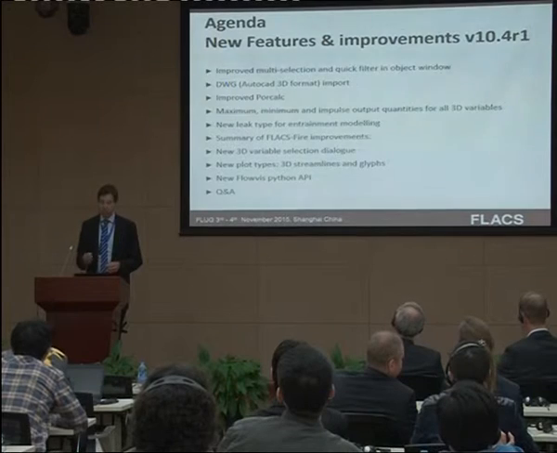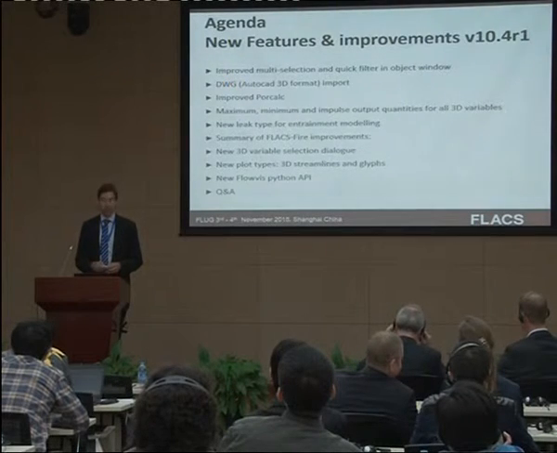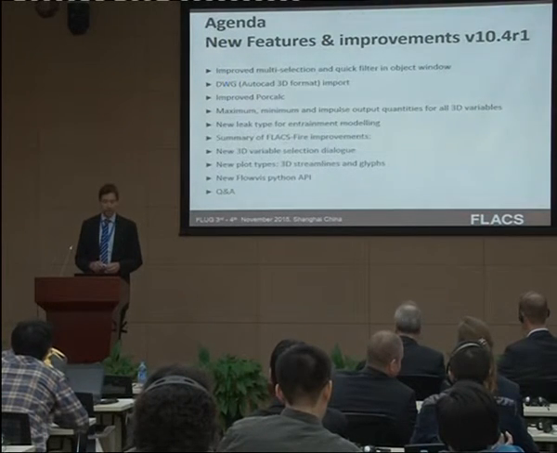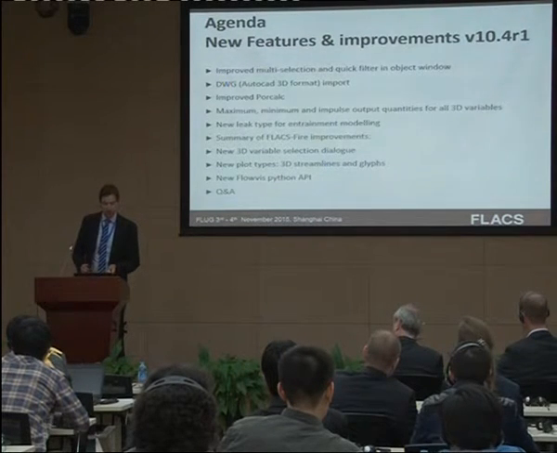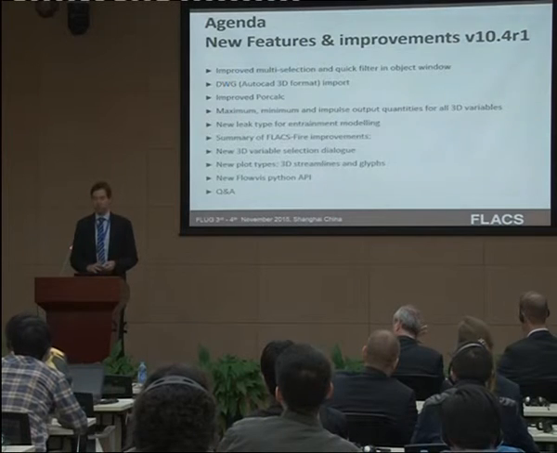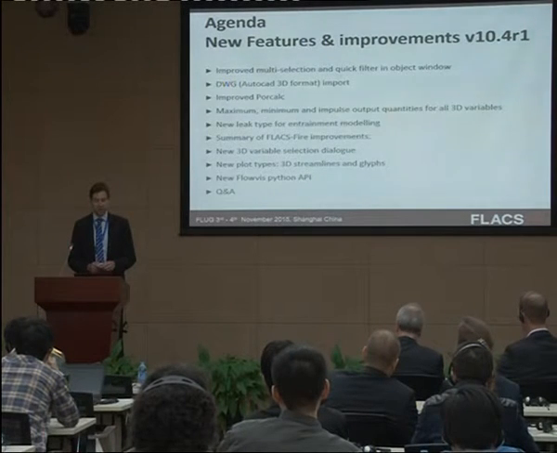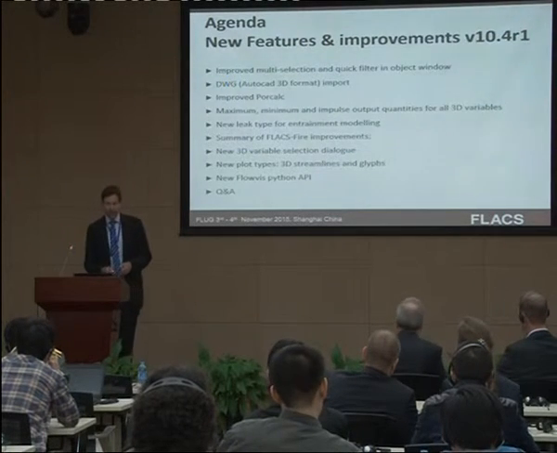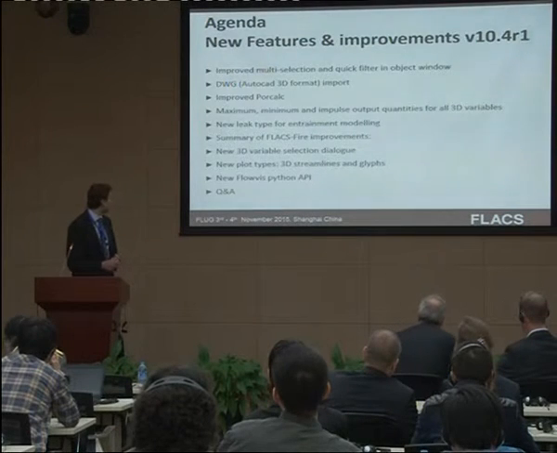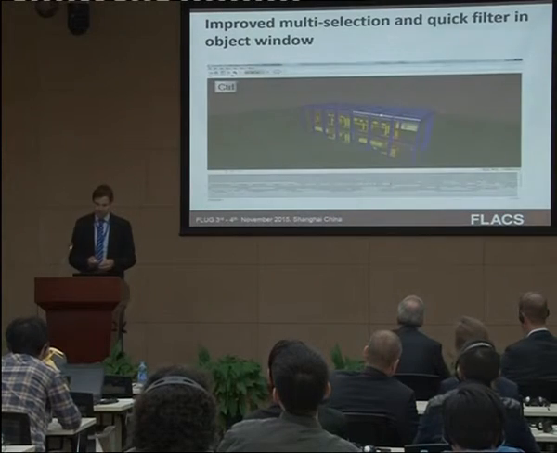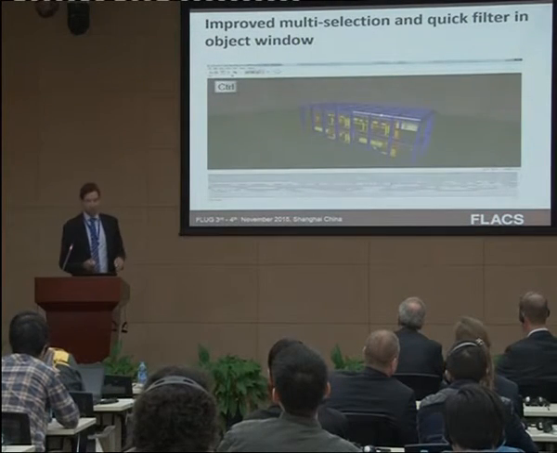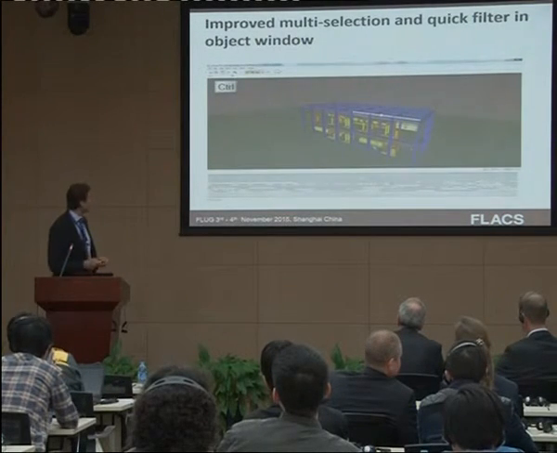We've added minimum, maximum, and impulse quantities to all 3D data. We have a new leak type for entrainment. I'll also give a summary of some of the FLACS fire improvements we added, and a bit about the Python API, and the streamlines are really nice, so that will be good. This is all videos, so it's a little bit interactive. I'll just start this.